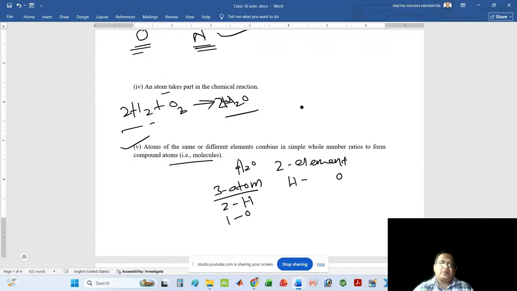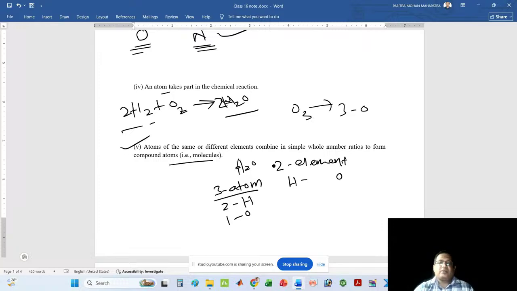If you think about ozone, O3, ozone is also a molecule, but only a single type of atom, oxygen, is used. But in the water molecule, two types of atoms are present, but totally three atoms: two hydrogen, one oxygen. In terms of types of atom, two types are present.